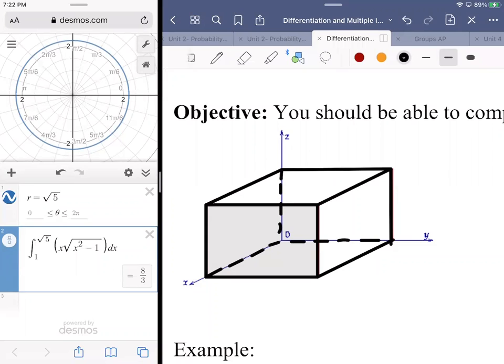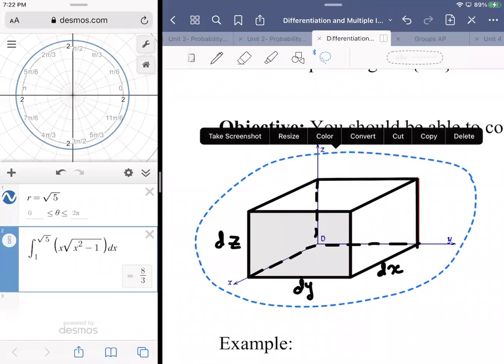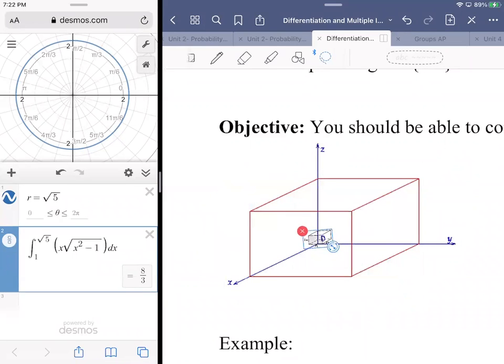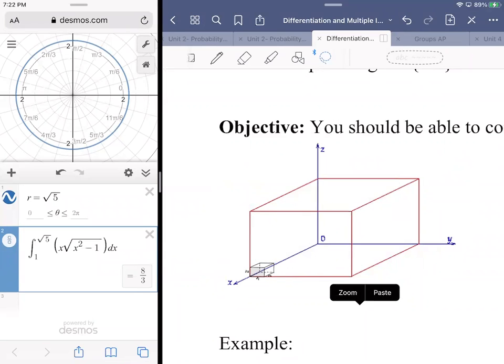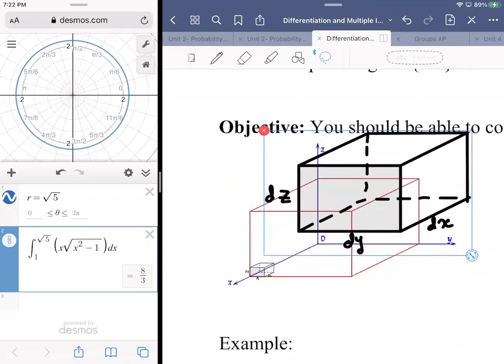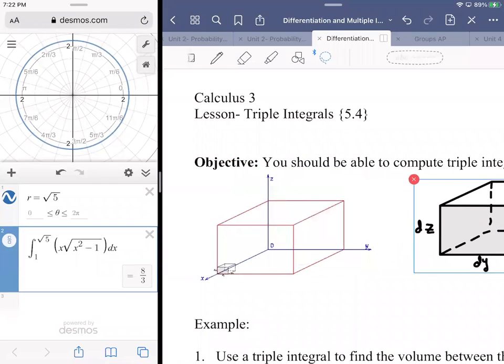All right, so this is X, Y, and Z. So X over here, a little wonky X. Y over here and Z over here. What we want to have is little dx's, dy's, and dz's. I'm going to shrink it down.